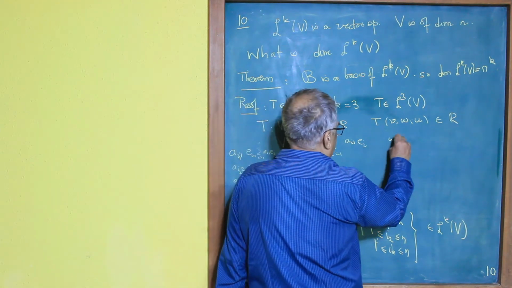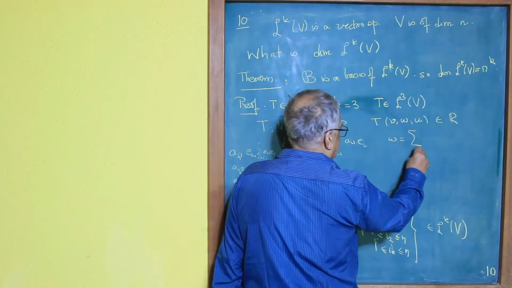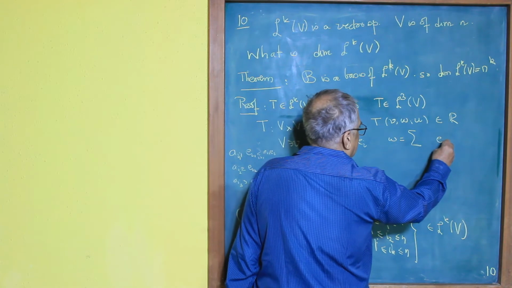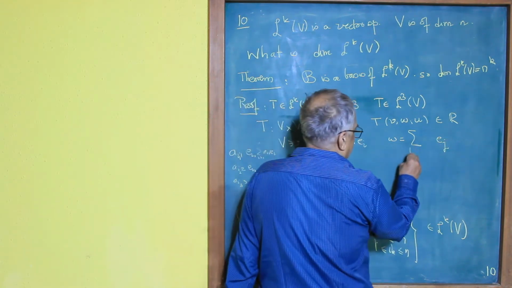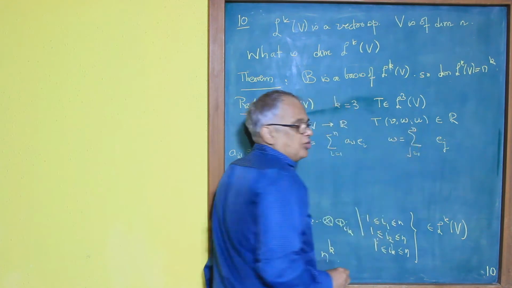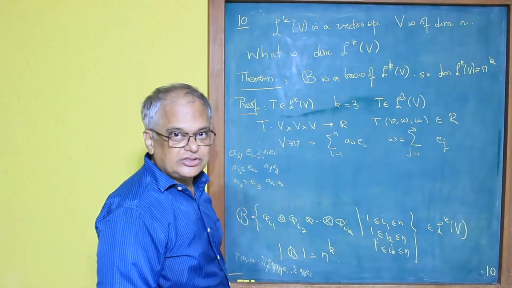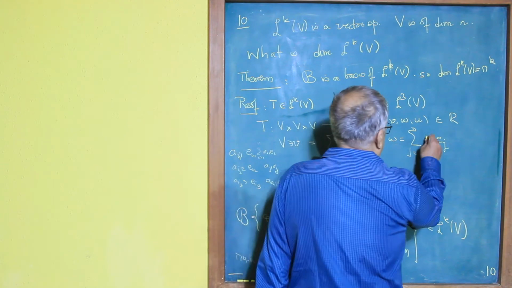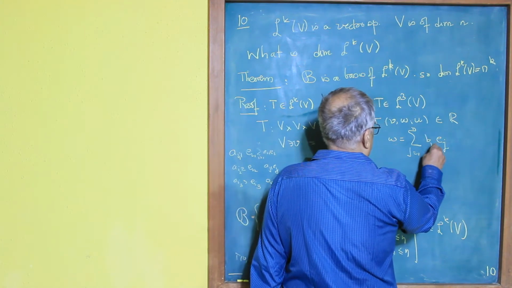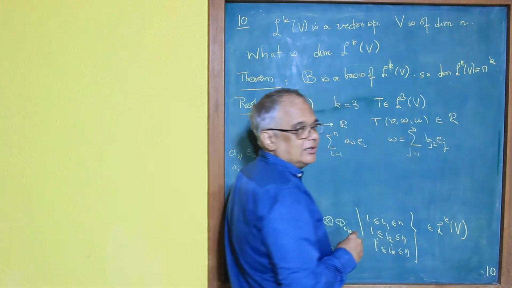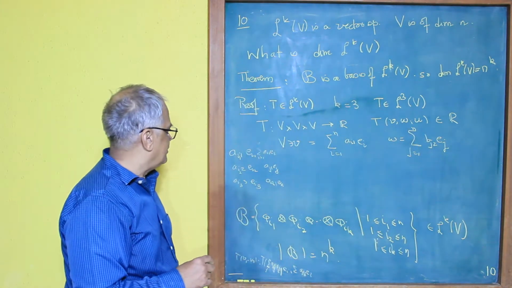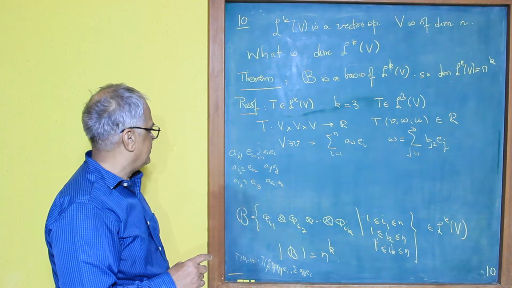Similarly, W is equal to the summation of e_j, j equal to 1 to n, with some coefficients. Those coefficients I'm going to call b_j2. This has to do with the fact that W is in the second component.